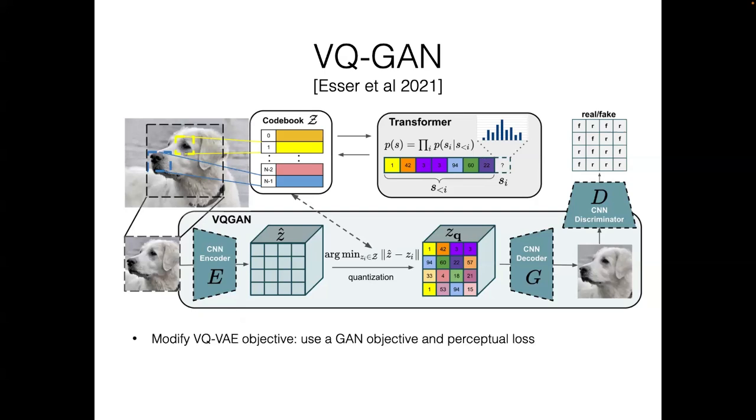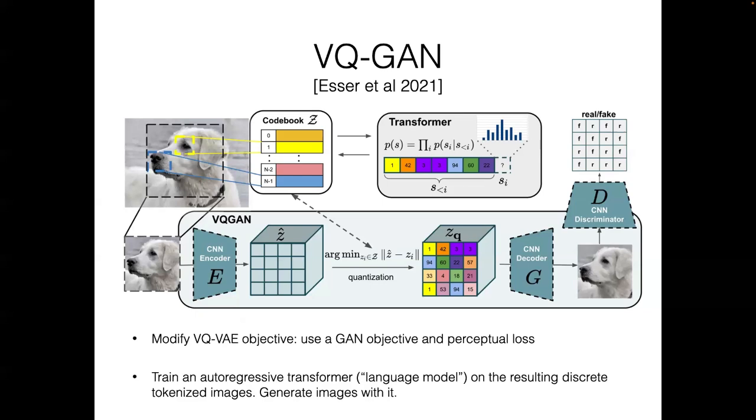Let me talk through this a bit more because you'll see this appear in papers now, and there are pre-trained VQ-GAN encoders and decoders. They modify the objective, and they also demonstrate that it's possible to train an autoregressive model, or language model, on these discrete codes, have it generate new discrete codes, and then turn them into nice looking images.